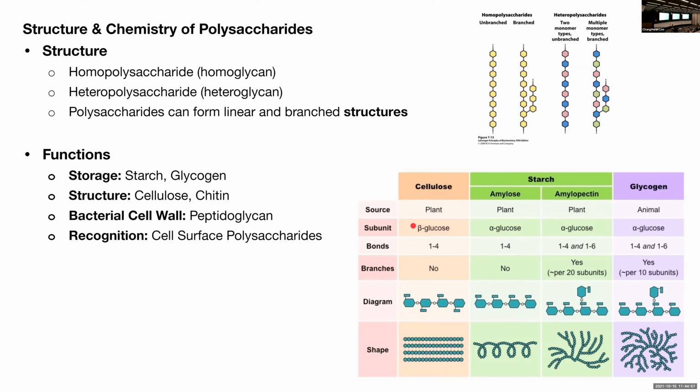Although they have slightly different subunits, like beta glucose or alpha glucose, their bonding is pretty much the same as a 1 to 4 connection. Of course, this will be beta 1 to 4 for cellulose, and for the starch, it will be an alpha 1 to 4 connection. But amylopectin can actually branch, so it can also have a 1 to 6 connection.